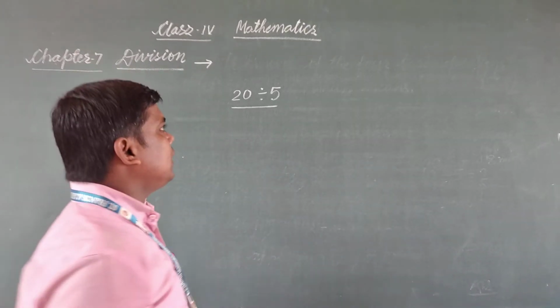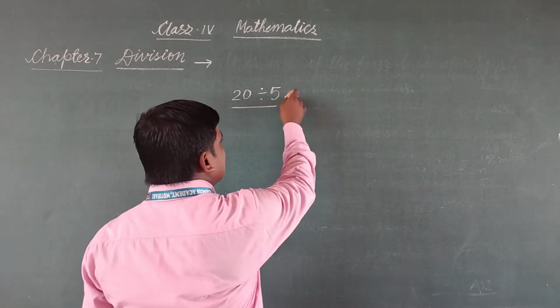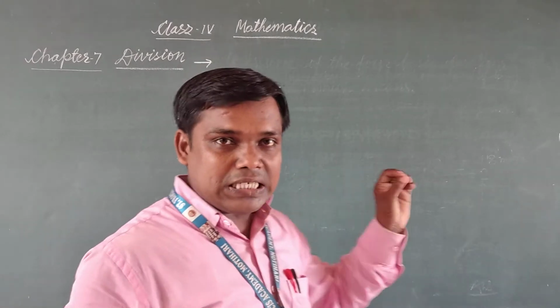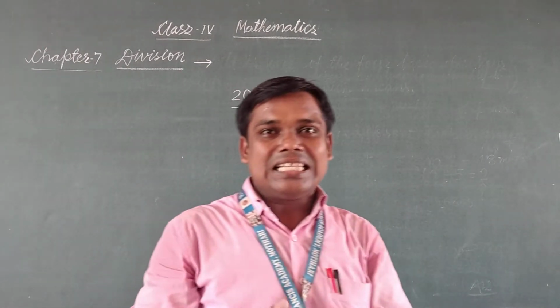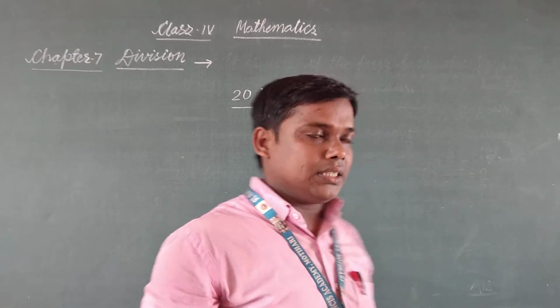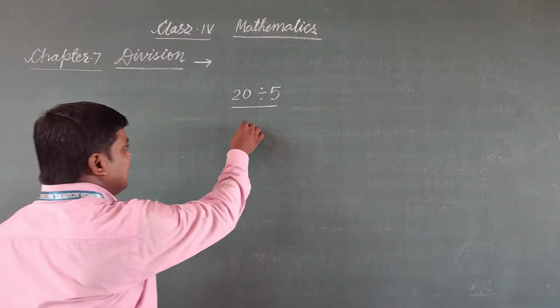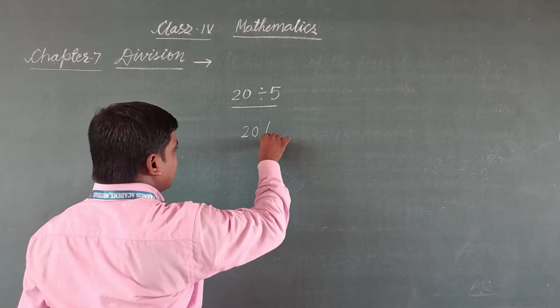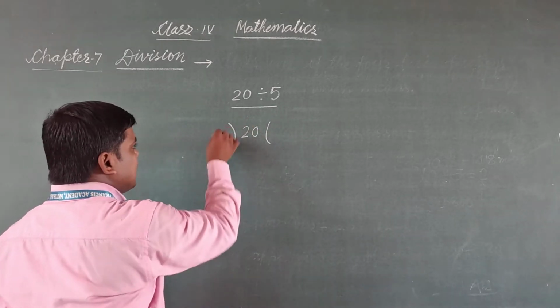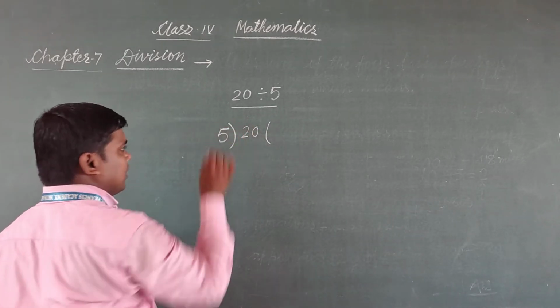We have to find the result of this division. So the result of division which we get is called the quotient. We write in this form. Then we divide by 5.